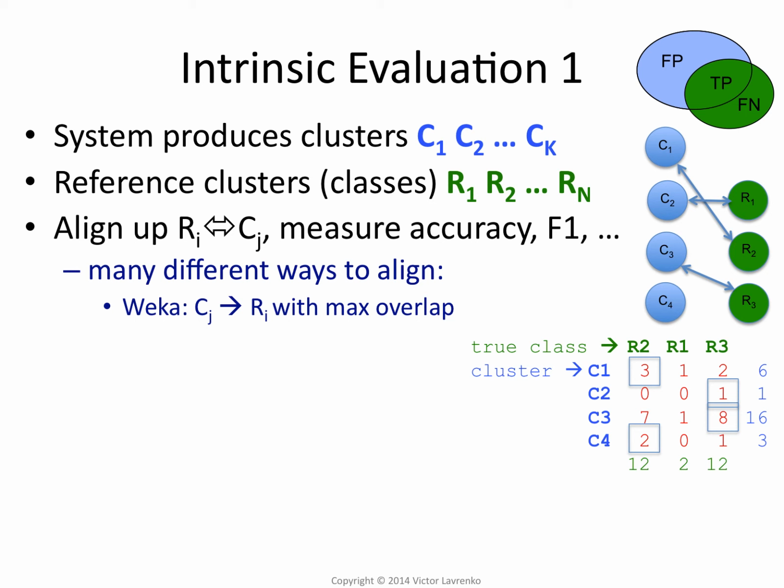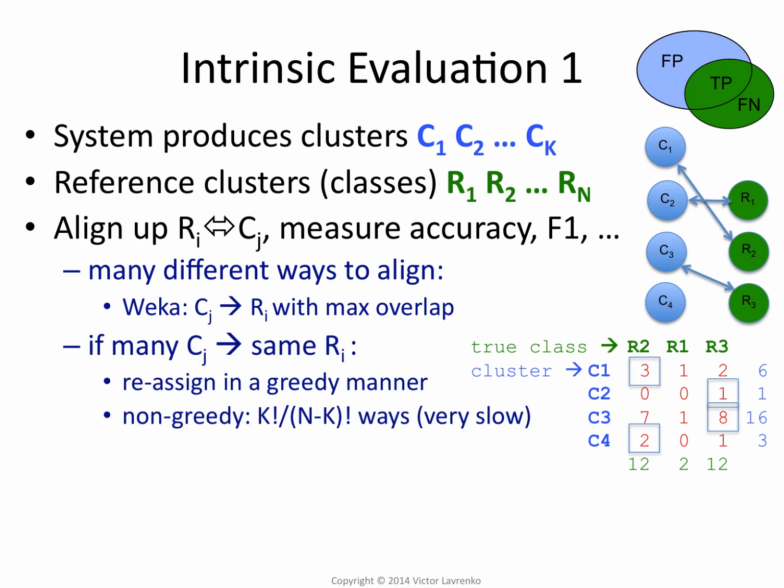So look at what I have. The class R2 is assigned to 2 different clusters. It's paired with cluster 1 and cluster 4. And class 3 is paired with cluster 2 and cluster 3. And that turns out to be a problem, and we'll talk about why that is a problem. So you need to get rid of that. You cannot have multiple alignments in a contingency table.